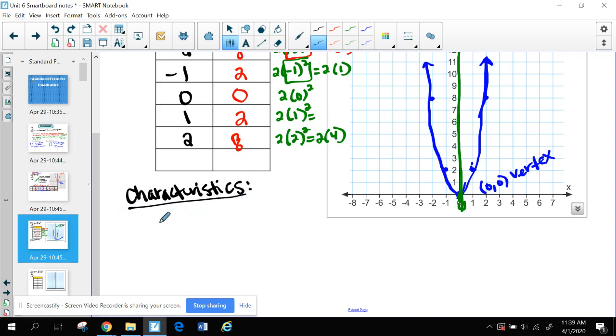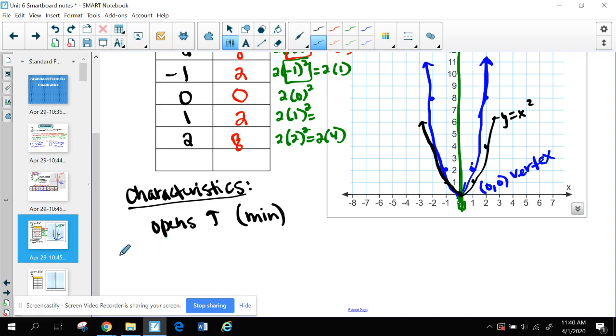The first characteristic is that my parabola opens up. If it opens up, that means this vertex down here is a minimum. And then we also know that it's going to be stretched. If I compare it to my original parabola that we just graphed on the other page, y equals x squared, we can see that this blue one, y equals 2x squared, is much narrower.